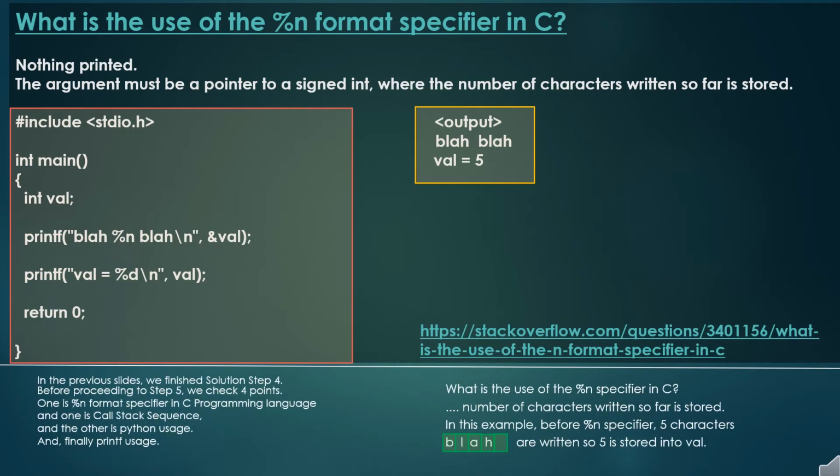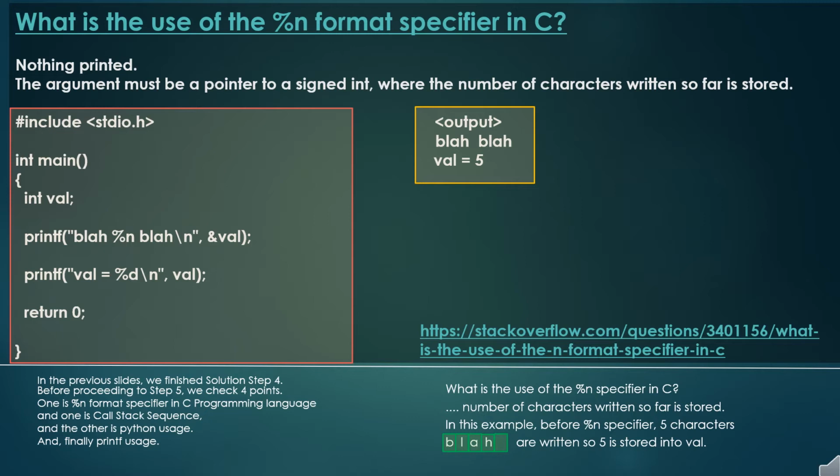In the previous slides, we finished solution step 4. Before proceeding to step 5, we check four points. One is the %n format specifier in the C programming language, another is call stack sequence, another is Python usage, and finally printf usage. What is the use of the %n specifier?